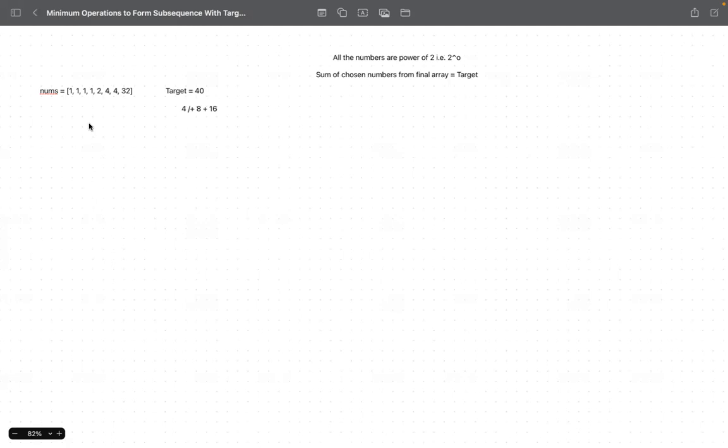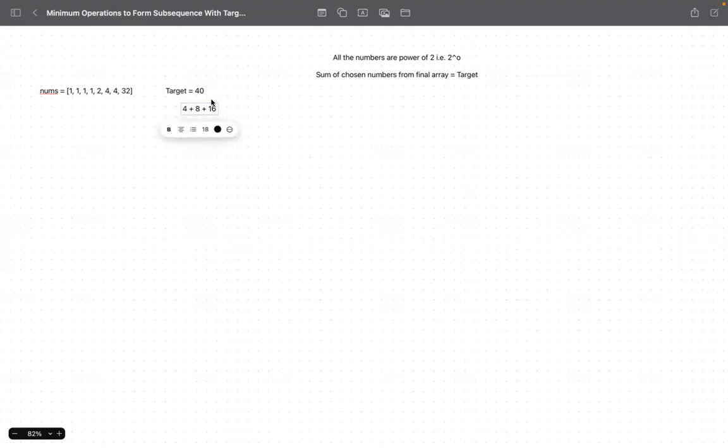Guys, the first thing that we will do is sort the numbers in the array. After sorting, any number that we encounter later on the right side should always be greater than all the numbers on the left, or at least equal to the numbers on the left, right? And obviously all the numbers are powers of 2. And another thing is you have to split the target into powers of 2.